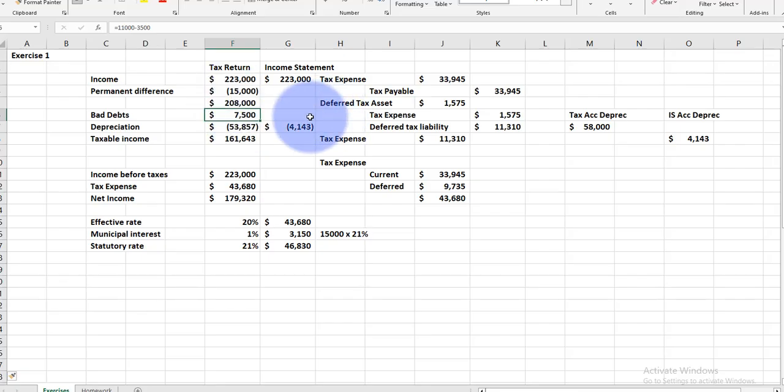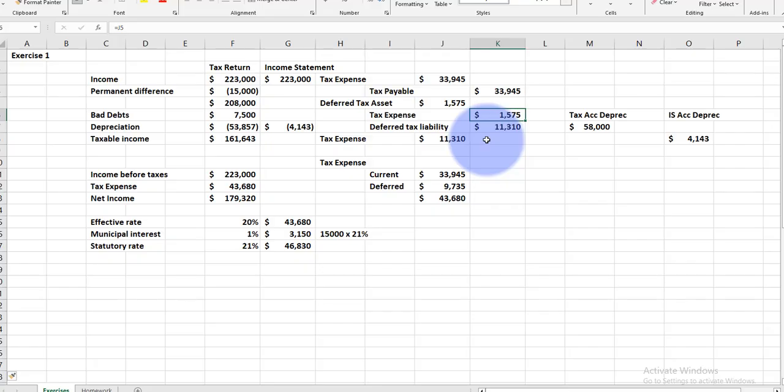Our allowance would have been $7,500 on the balance sheet times the tax rate. So we take 7,500 times 21%, and we get a deferred tax asset of 1,575 and a tax expense credit of 1,575. That's unusual, to credit expense, but with taxes it can go either way. I separate them out so that we can see each deferred tax asset and each deferred tax liability separately. So that is one journal entry we need.